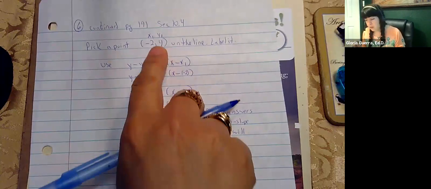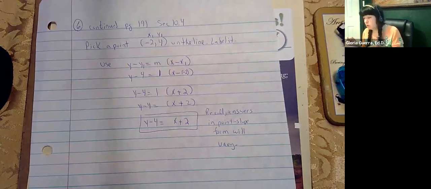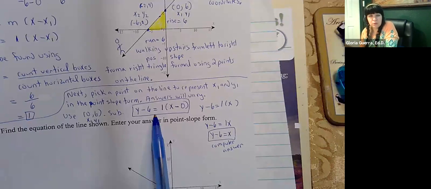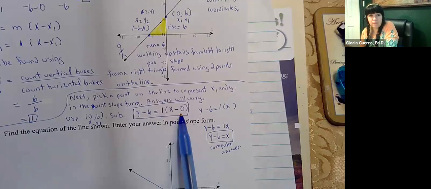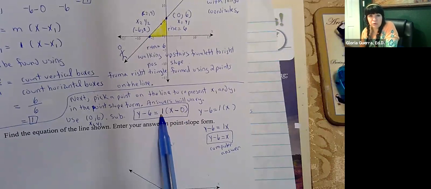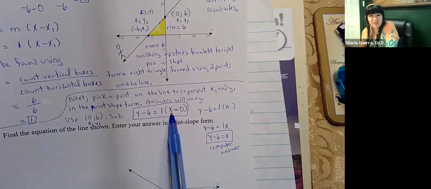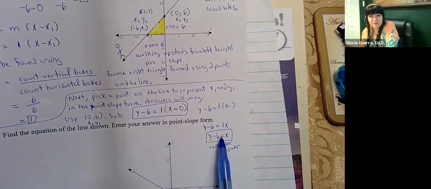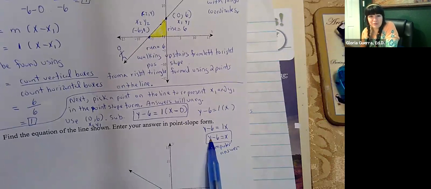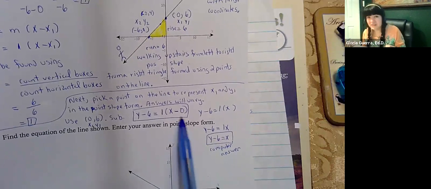And then what we did earlier, like this one, answers will vary. Because this is 0, we won't be interested in that, and because this is 1, we won't be interested in that. So you're just left with x on the side. I know that looks funky, like that doesn't look like point-slope form, but it is, very simplified. Okay, so that's the idea.